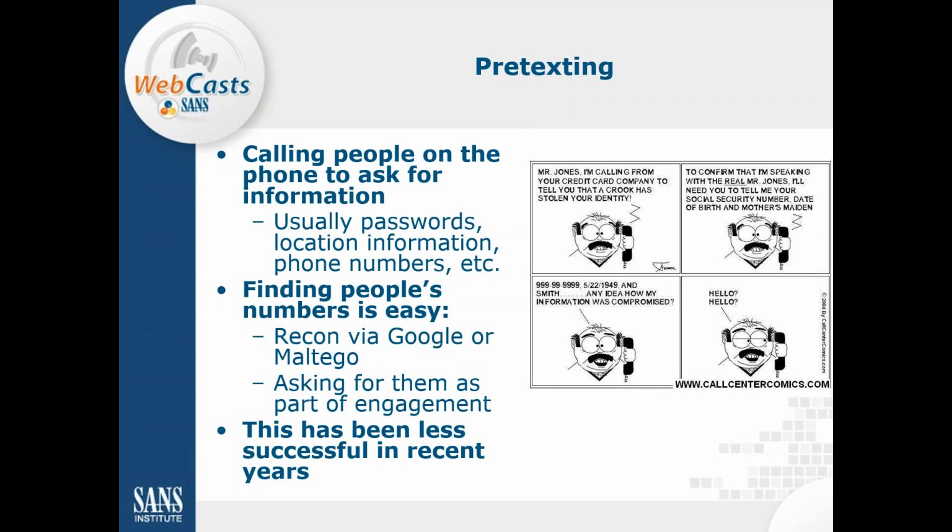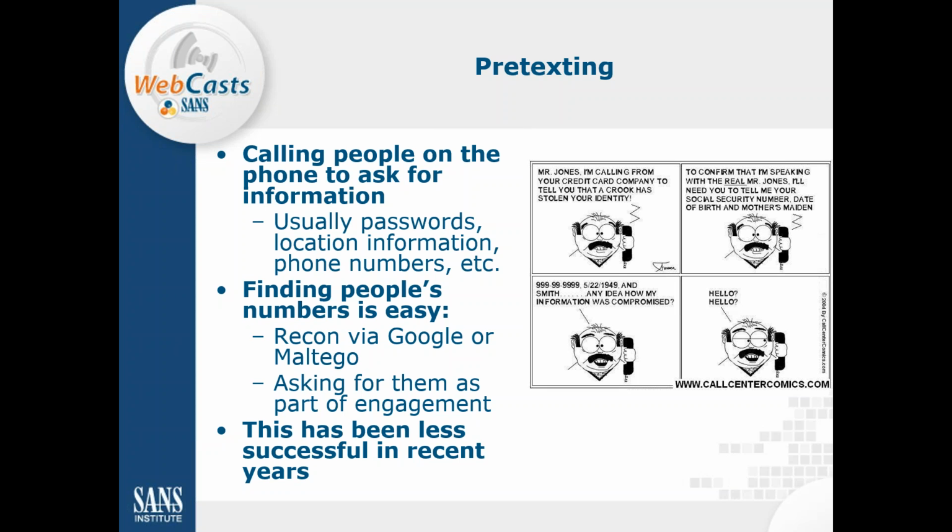But there are some tips and tricks here. Some of you guys probably know this, but female voices tend to be just universally more successful at pretexting than male voices. Obviously I don't have a female voice, but I do have female accomplices, and that helps me out tremendously, especially in certain circumstances.